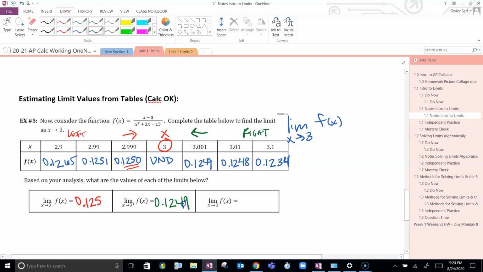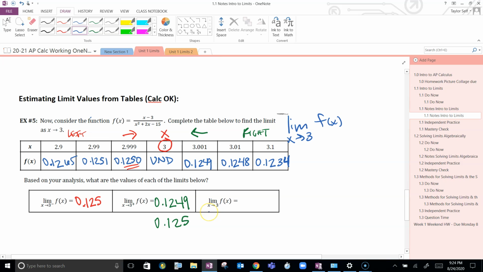Let's round that up. How would we round 0.1249? That's 0.125, right? So we just rounded to 3 decimal places. In calculus, you always want to use 3 decimal places. That's a very important thing to know, and I'll remind you constantly.